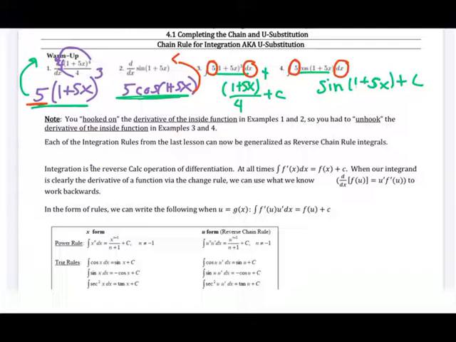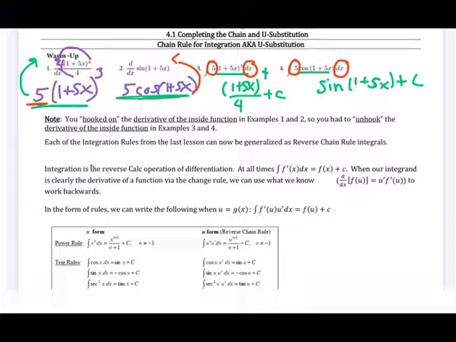So think about what we did to get from 3 back to number 1. Think about what we did to get from 4 back to number 2, because these are inverse operations and we're basically getting rid of something. We're undoing the chain rule. And when we perform the chain rule, we hook on the derivative of the inside, which in both these cases is 5. The derivative of 1 plus 5x is 5.